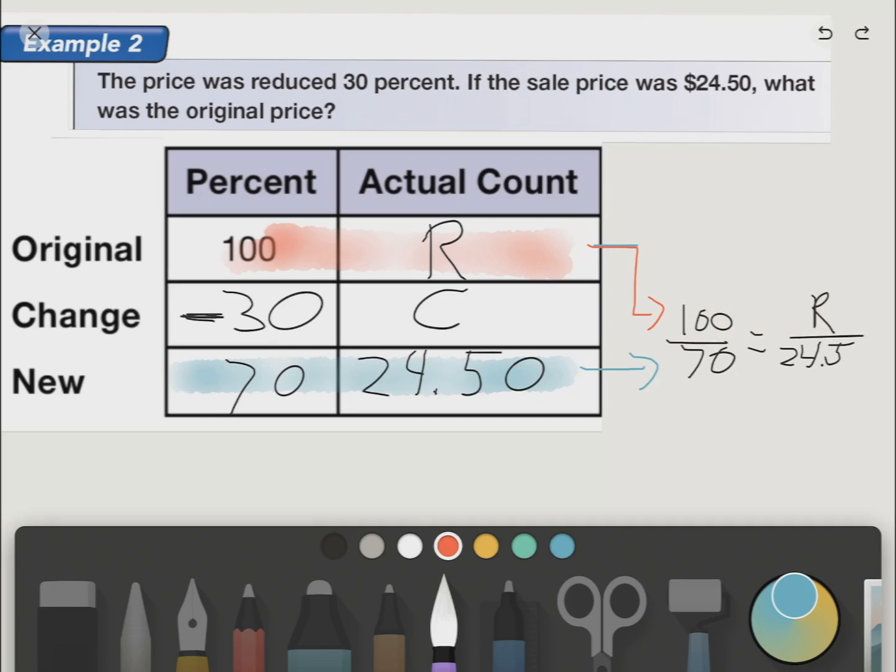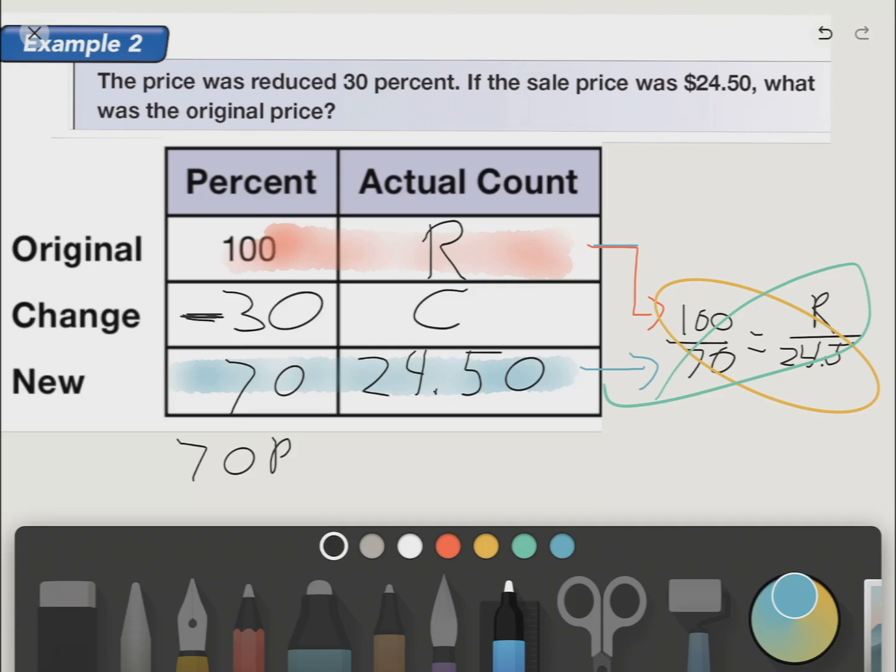We do our cross multiplying goodness. Getting us 70 times R equals $2,450.